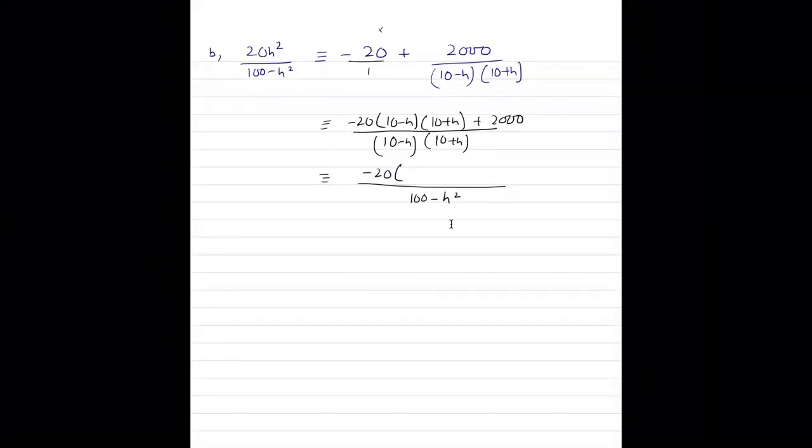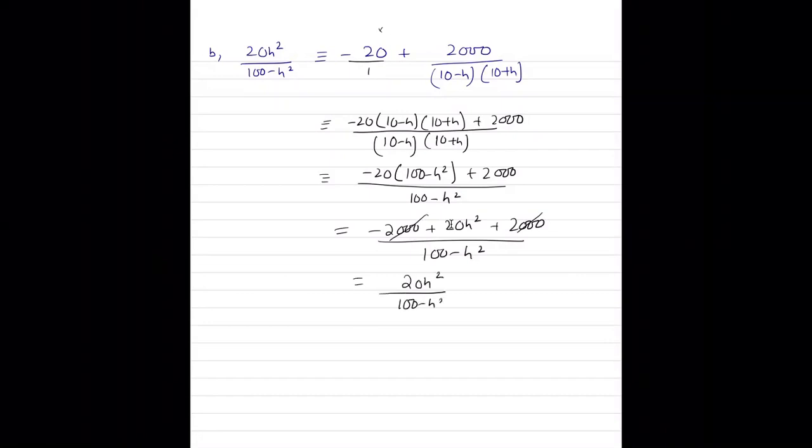So minus 20 times 100 minus H square plus 2000. Minus 20 times 100 is minus 2000, plus 20H square plus 2000, over 100 minus H square. Now you can see that the identity has been proved.